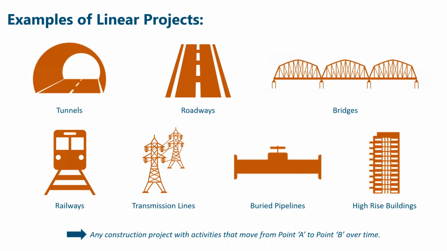And the thing that these types of projects have in common is the work activities, the construction crews move over time from one part of the project to another. And projects that have those kinds of activities that move like that are something that you can illustrate by time and location and help people see how the work will move.